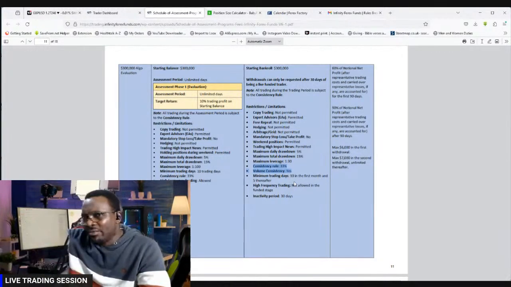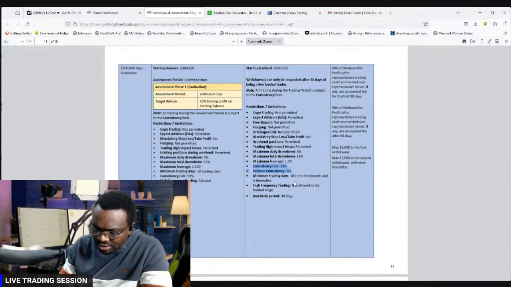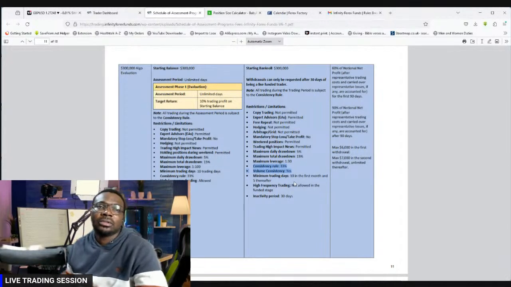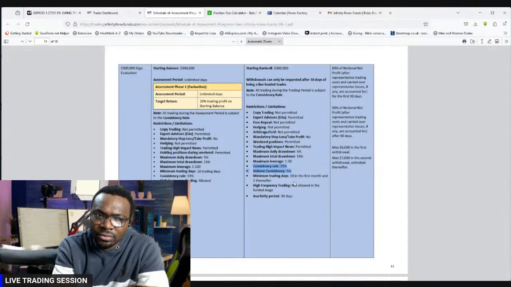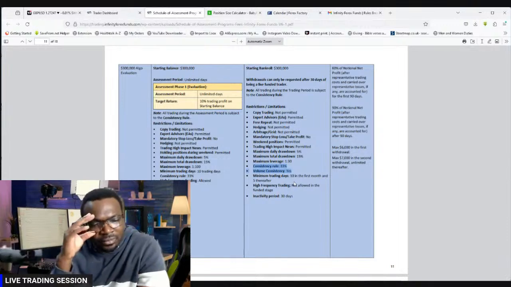So anything above that will be a breach of your volume consistency rule, and that trade, they will not pay you. They will delete it. They will remove it from the total profit that you had. That's the problem with that.